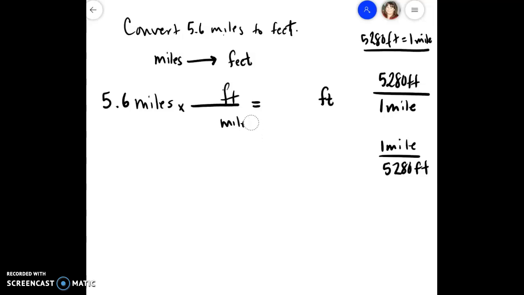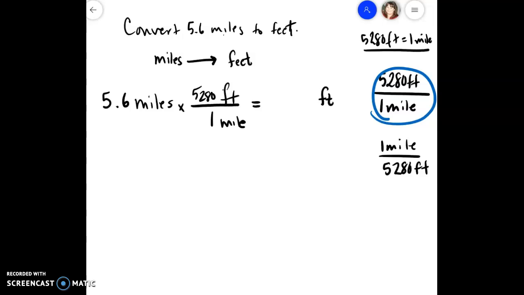And I am going to now attach the appropriate number that goes with the mile, 1, and 5,280 goes with feet. So I have chosen this one.